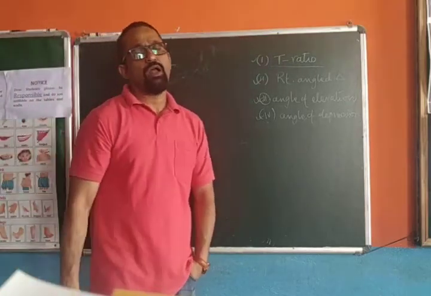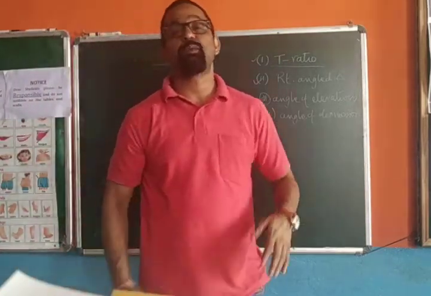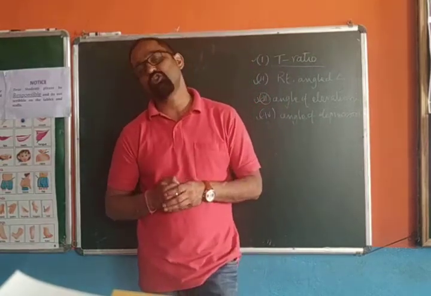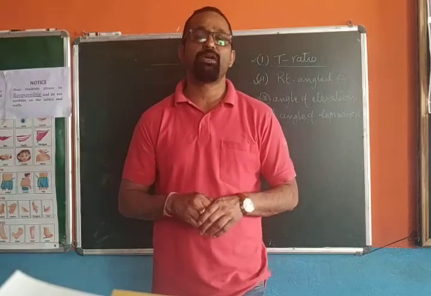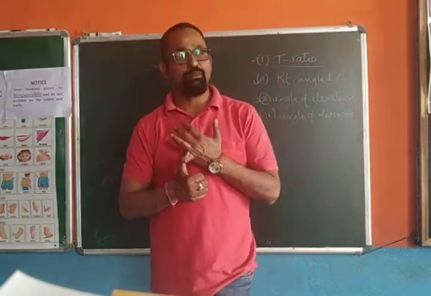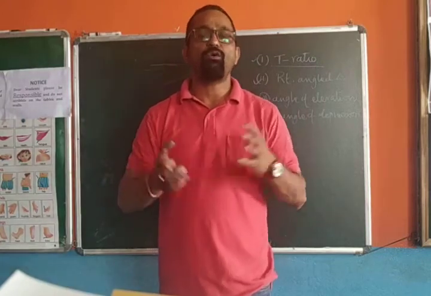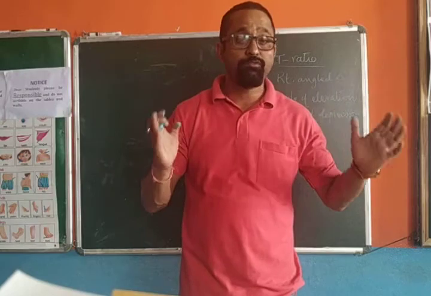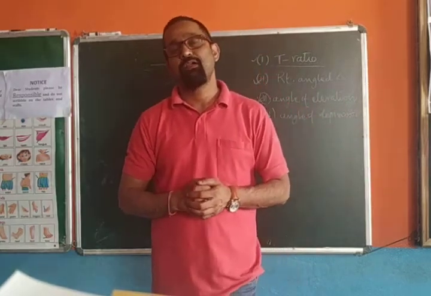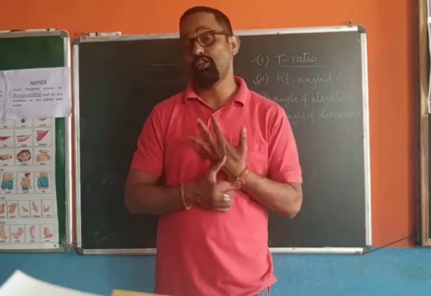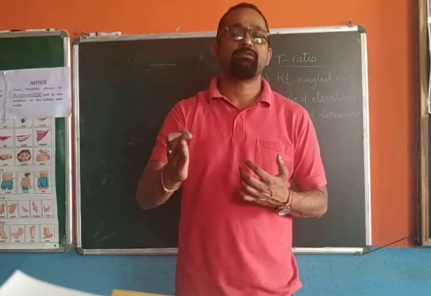I told you heights and distances is an important branch of trigonometry, which deals with the measurement of tall objects such as a building or mountain, or the distance between objects which we cannot physically measure. We need to know the values of the angle of elevation or depression and the distance.